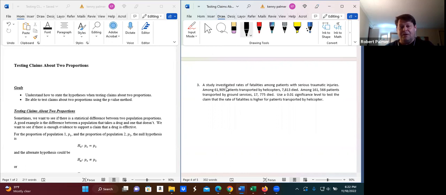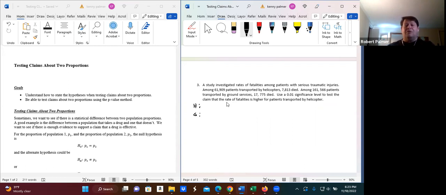It says a study investigated the rates of fatalities among patients with serious traumatic injuries. Among 61,909 patients transported by helicopters, 7,813 died. Among 161,566 patients transported by ground services, 17,775 died. Use a 0.01 significance level to test the claim that the rate of fatalities is higher for patients transported by helicopter. So I'll just write H for helicopter and G for ground.